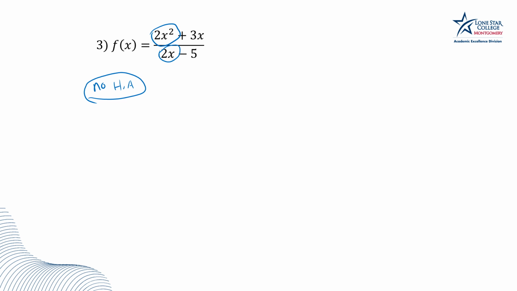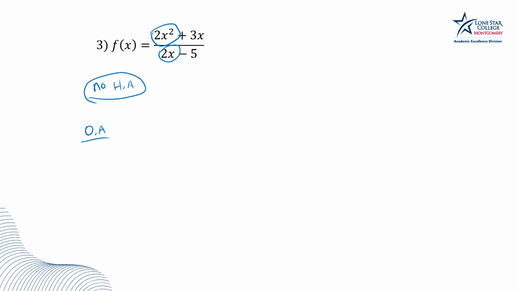But there would be an oblique asymptote, because the leading term in the numerator is greater than the denominator by a power of 1. To find the oblique asymptote, we use division. We could use synthetic division if we wanted to, but let's do long division in this case.